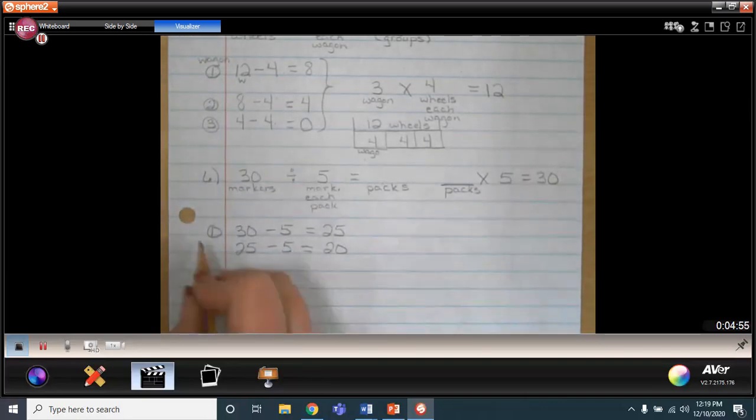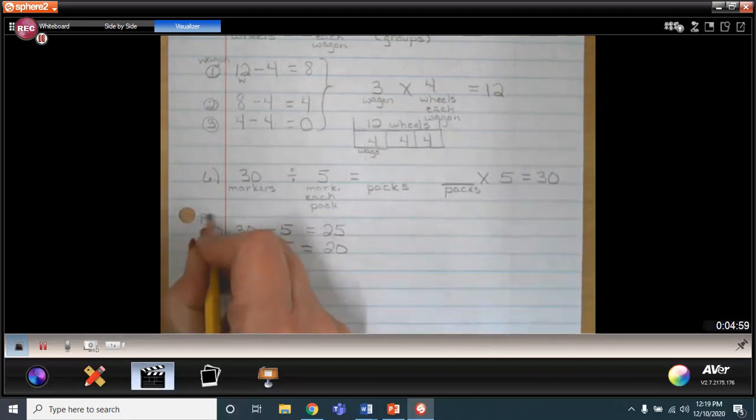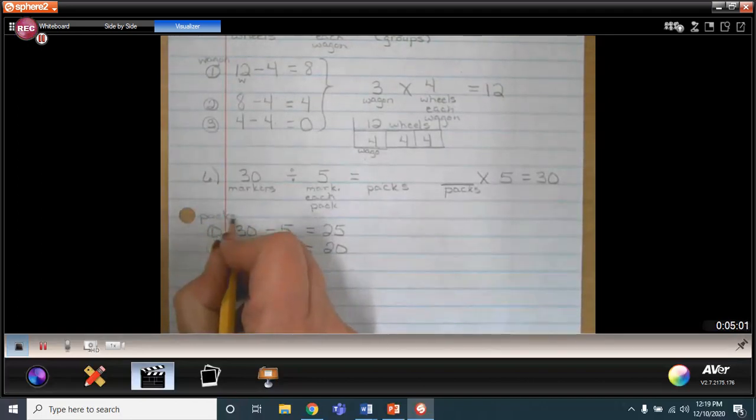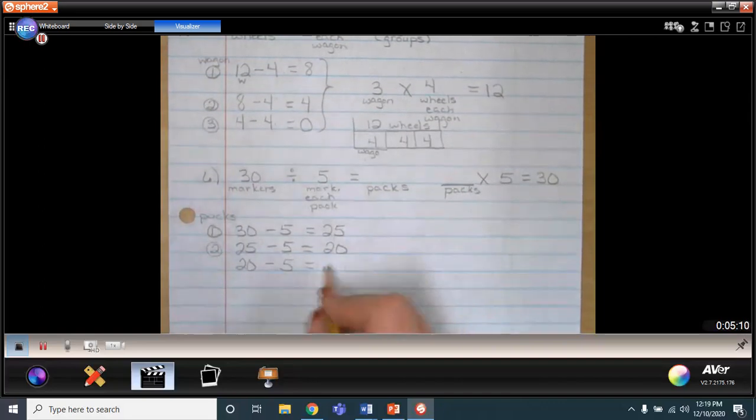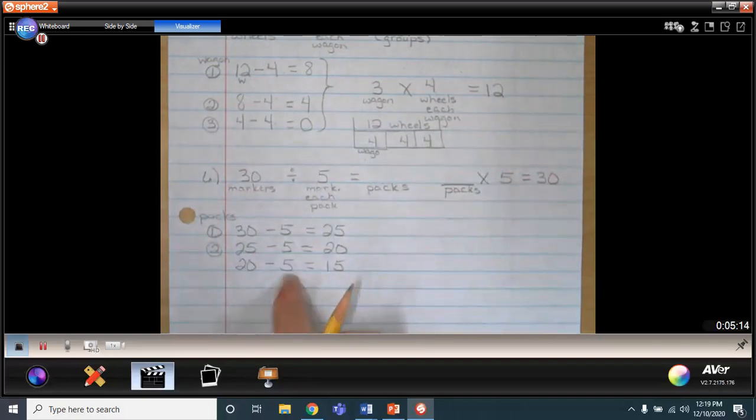So here's another pack. So that's pack number 2. These are the packs, or packages. We're going to take what's left, 20, and take away another 5 markers, and now I have 15 markers left. These 5 markers are going to go into a pack. So now I have 3 packs so far.